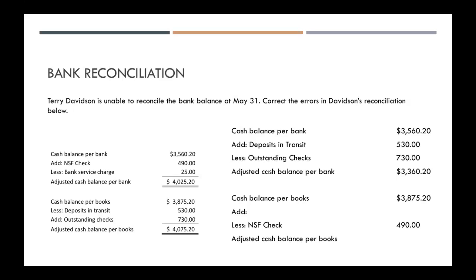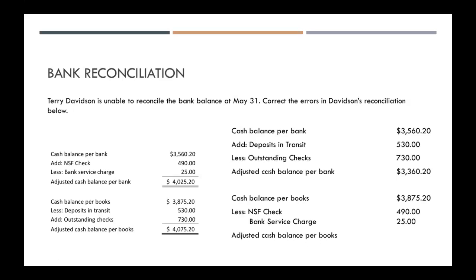Now, would this add to or subtract from our cash balance per books? It's going to subtract from it, right? If the bank charges you $25, there's no world where that is going to add to what you have in your bank account, right? So it's going to take away $25 from your bank account. So we need to subtract that $25 here.